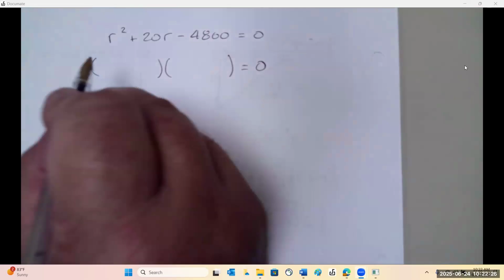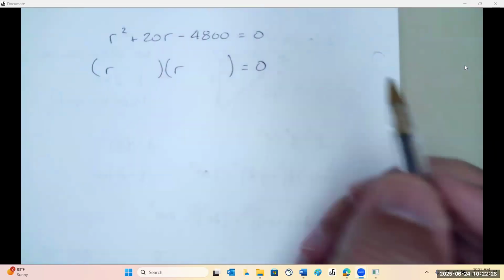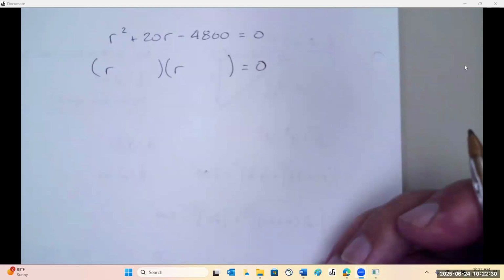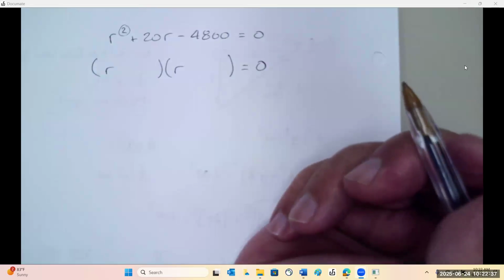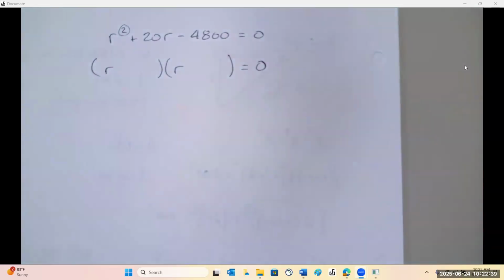Going down, we're going to factor those. Once we find R, we have to see if it's legitimate. For one train, we just add 20 to it, but it's the same R. R is for the slower train.